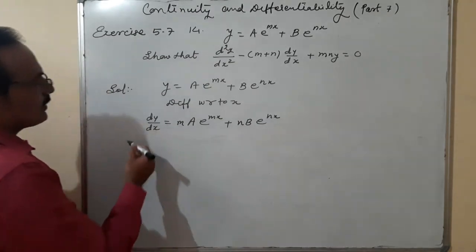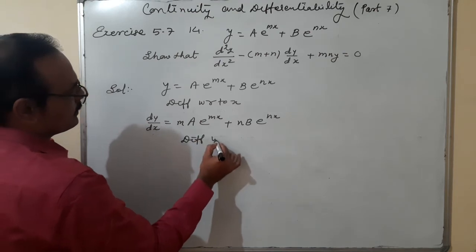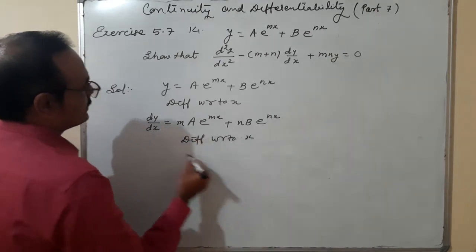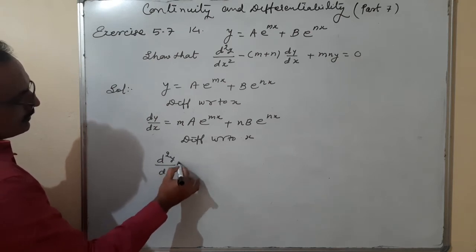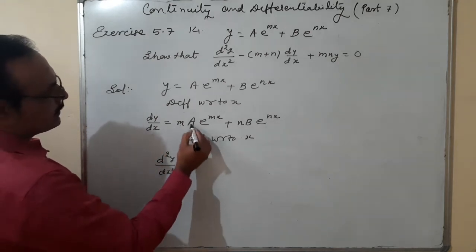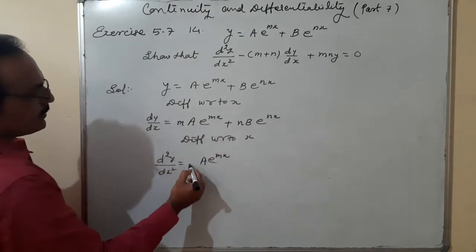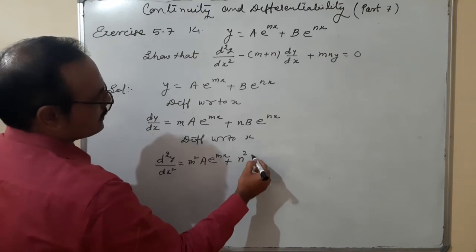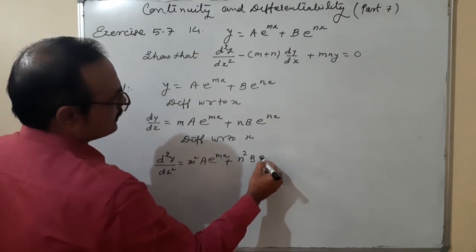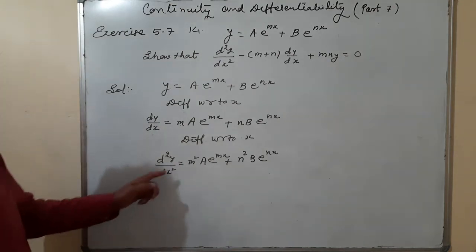Differentiation completed. Differentiate with respect to x again. d square y by dx square is equal to m a e to the power mx, one m is coming here, it is m square, plus n square b e to the power nx.